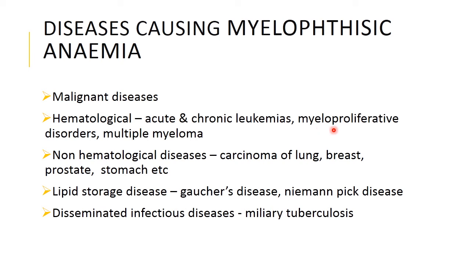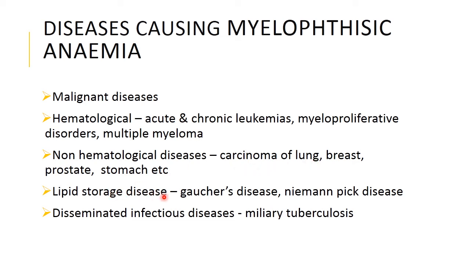There are different types of myeloproliferative disorders, and one among them is CML also. Multiple myeloma, a cancer of the plasma cells. Non-hematological diseases like carcinoma of the lung, breast, prostate, stomach, etc. That means the cancer of different tissues.